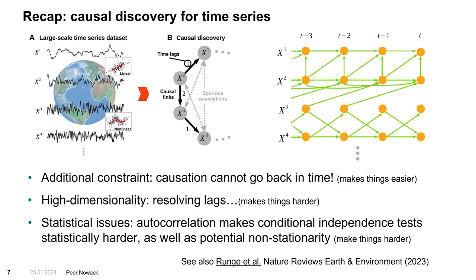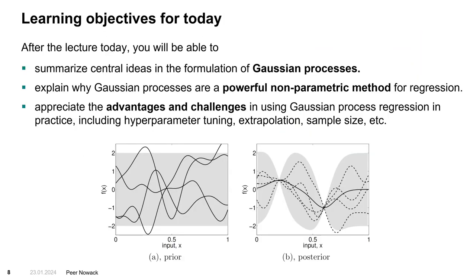Looking at the time series graph, so here you also have to take lagged relationships into account. It makes things easier because causation can't go back in time, at least we don't believe that, and high dimensionality is the thing you pay for it because you have to take lagged relationships into account, and so on.